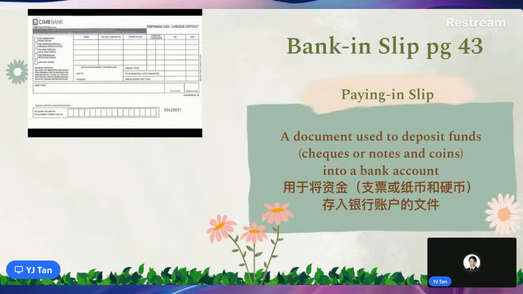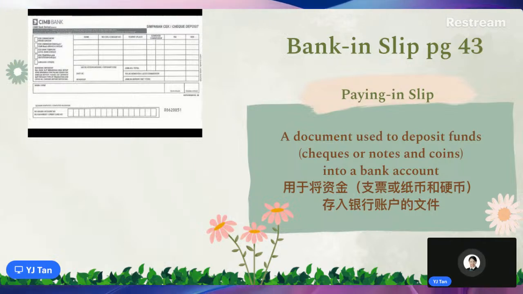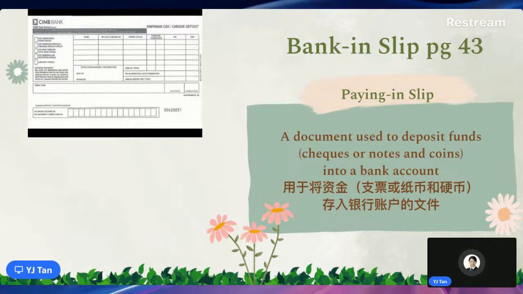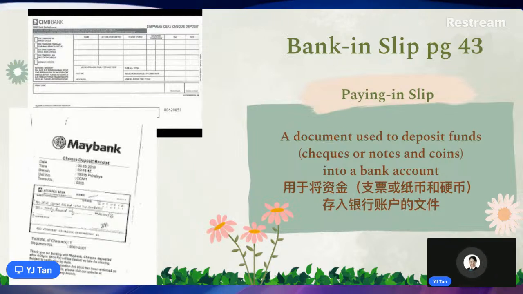If there is a check, there is a check number, and you have to indicate it in this document too. But just to let you know, in Malaysia there are so many machines, so the majority of transactions no longer need the paying-in slip.